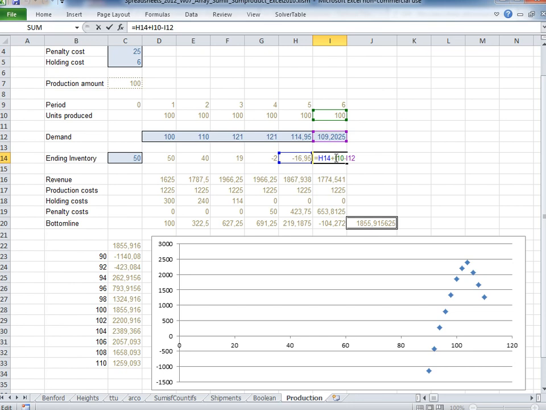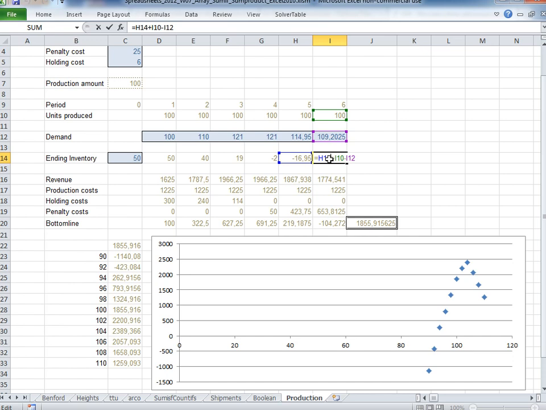Now an alternative would have been, for instance, to do such a formula, which would have been a little bit more complex, in which case if we have a negative ending inventory and we will have the penalties, it would mean that we would go to a competitor who would, with a very high last-minute price of 25, sell us the missing inventory, and we would satisfy the customer's needs right away.